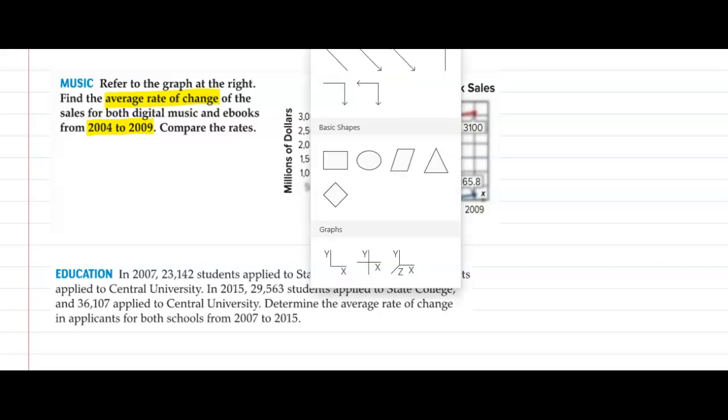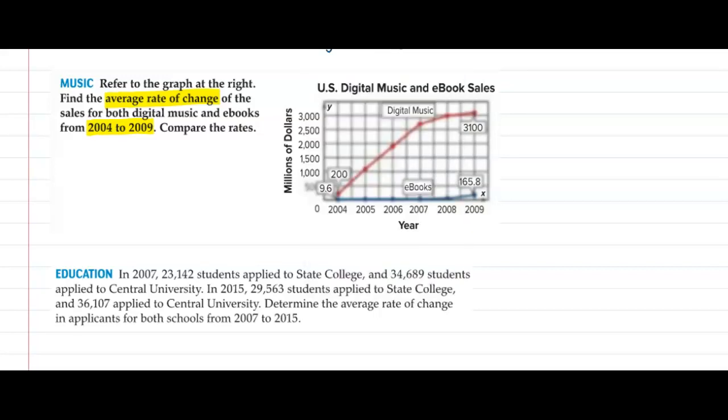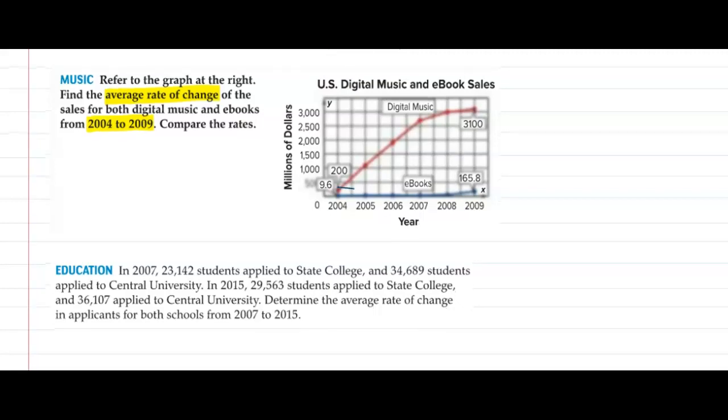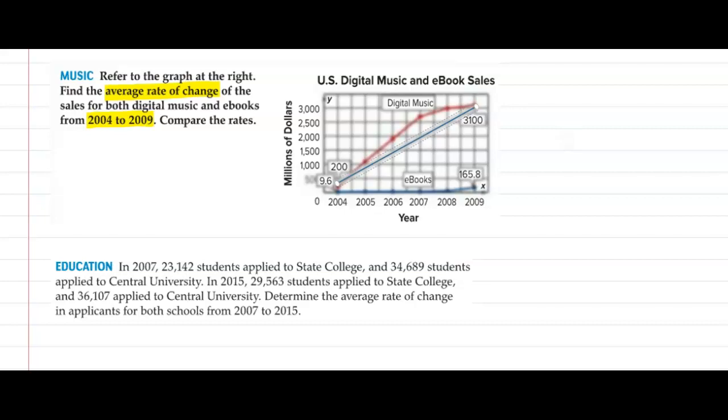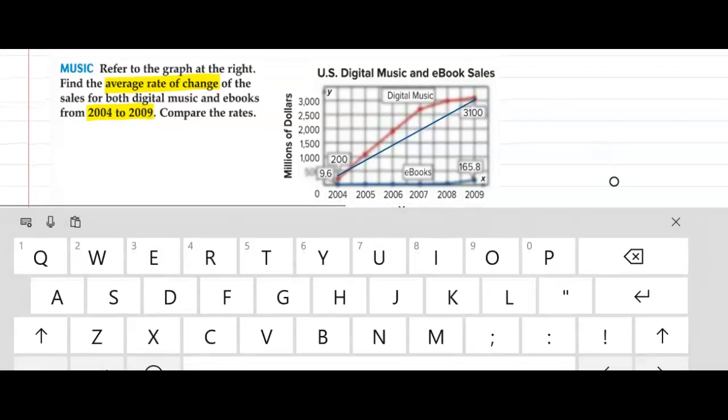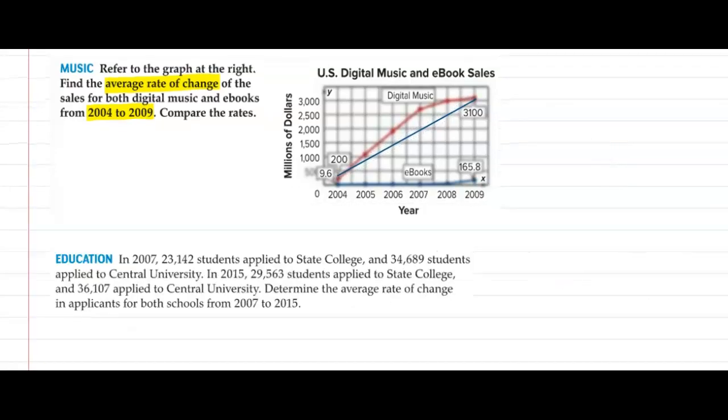In other words, if I could just draw a line from here to here. Do you see how steep that line is that I just drew? That's the average rate of change. Right here, it's steeper, steeper, steeper.